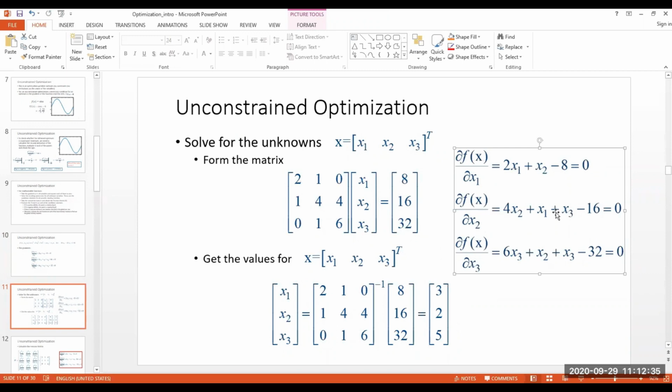Then x1, 4x2, and there is probably another mistake. I think I have to check it, but I'm just giving you the solution.